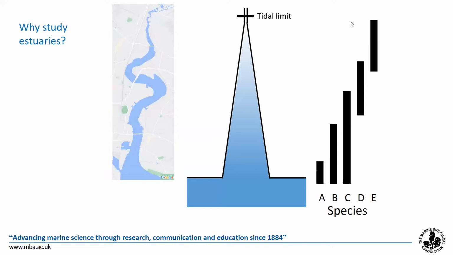Species that live very near the top may again be true estuarine species, or they may penetrate above the tidal limit and into fresh water. And if they do that, then there are two views really. Either it's an estuarine species that penetrates freshwater, or a freshwater species that comes down into the estuary, and which we regard it as will depend to some extent on which animal group it belongs to.